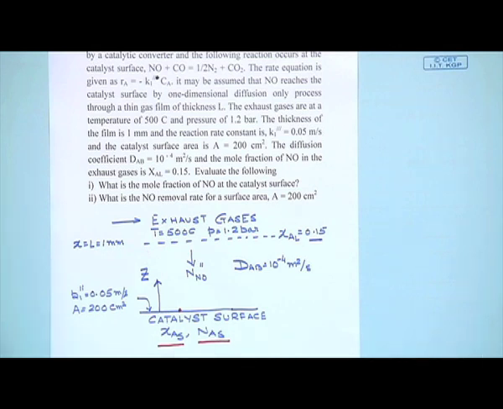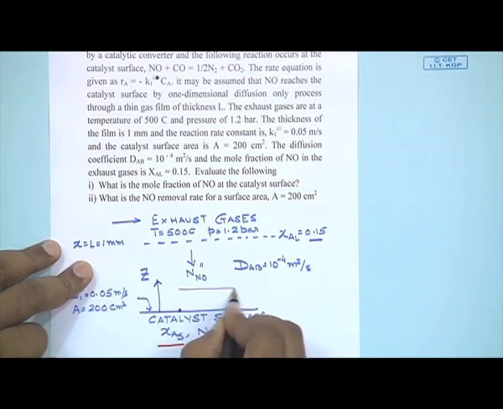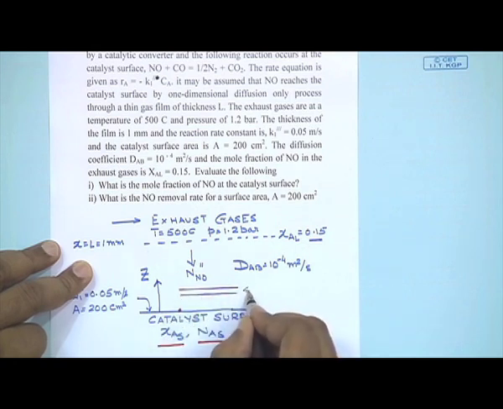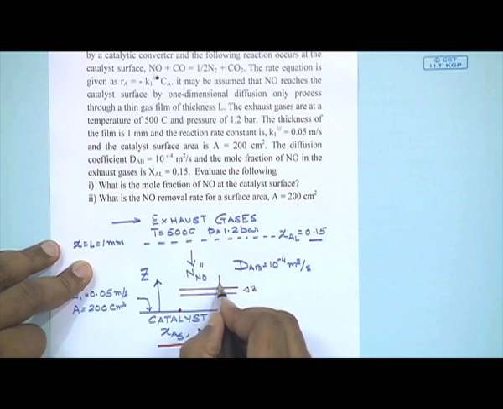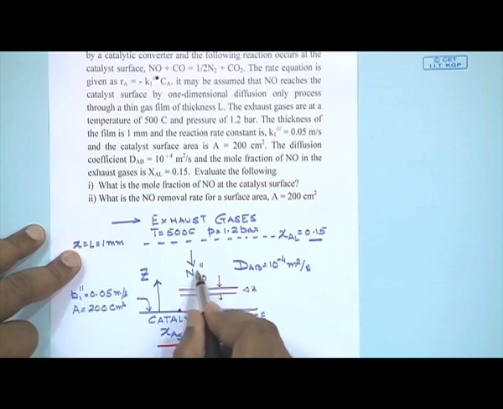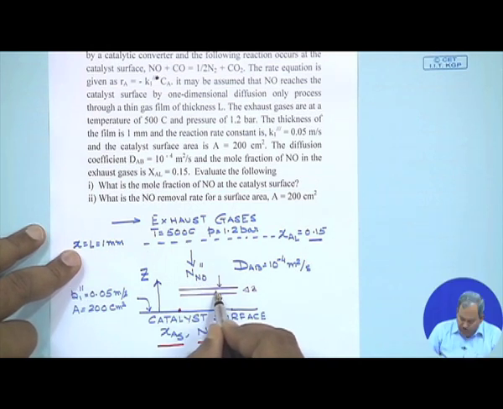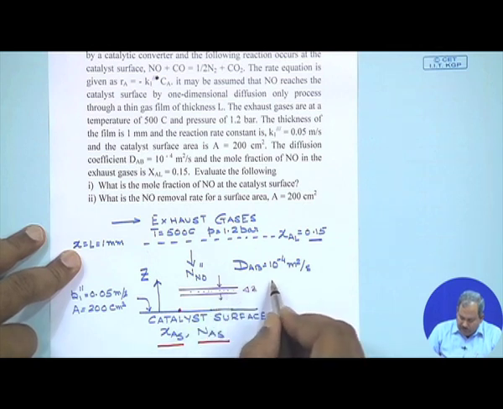What we need to do is assume a shell of some thickness delta Z, and we know that the flux is coming in and some flux is going out. This is the flux of NO, and no reaction is taking place in this shell. All the reactions are taking place on the catalyst surface. So there would be no source or sink terms here, and it's a diffusion only process.